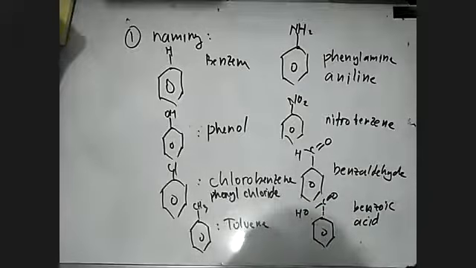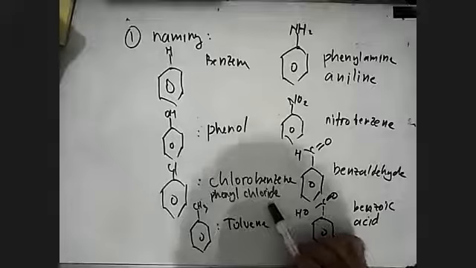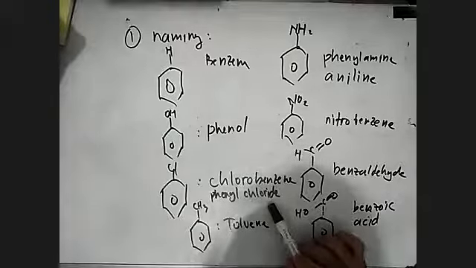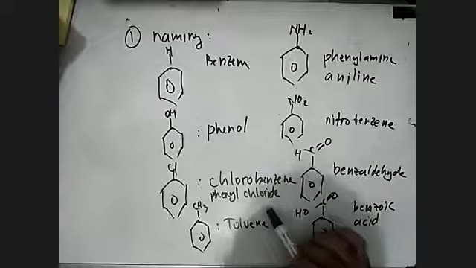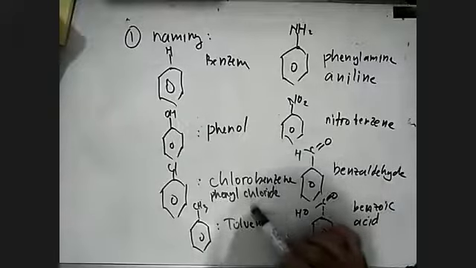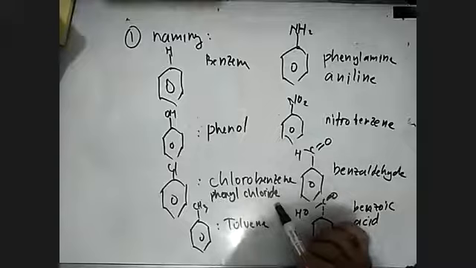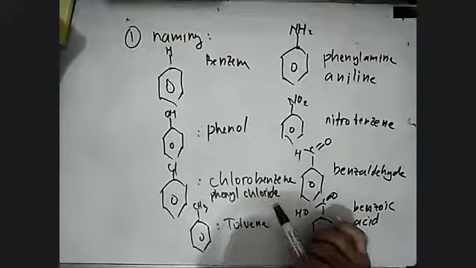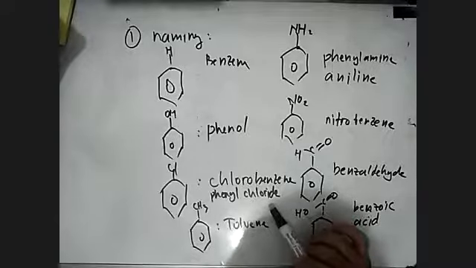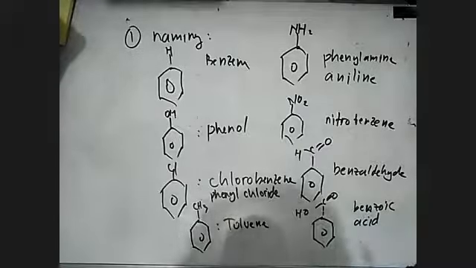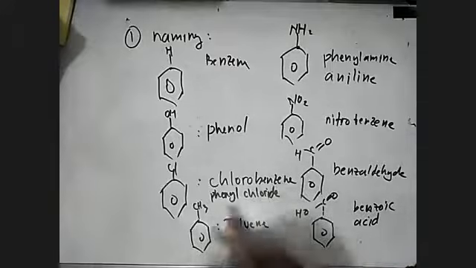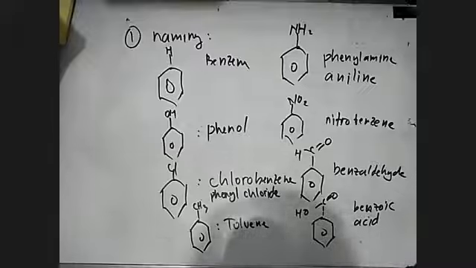But the name phenyl chloride is discouraged by IUPAC because the ending chloride is usually used for salts, and it's not a salt. Phenyl chloride is actually a covalent substance.